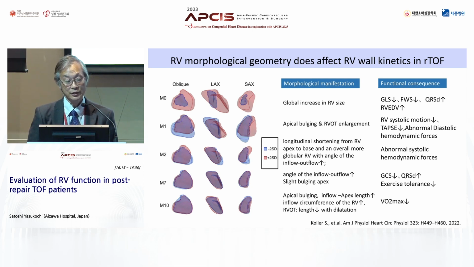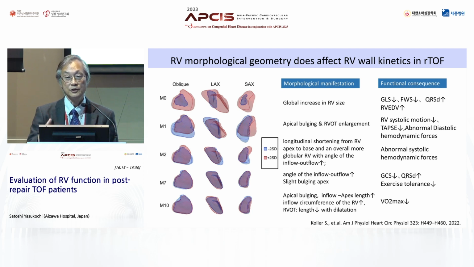Let's say for example M0 is a global increase in RV size with reduction of the longitudinal strain, as well as the free wall strain, and prolonged QRS duration and RV EDV. And also M2 has an apical bulging and RV outflow enlargement that causes RV systolic motion reduction, TAPSE down, and abnormal diastolic hemodynamic forces.